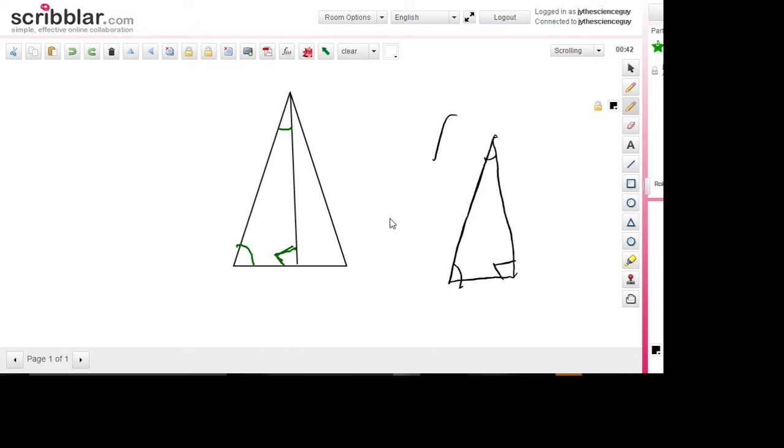So that's what you're going to do. You're going to take those two angles and just set them equal to 90. Tell me what the two formulas are. 7x minus 2. 2x plus 2.